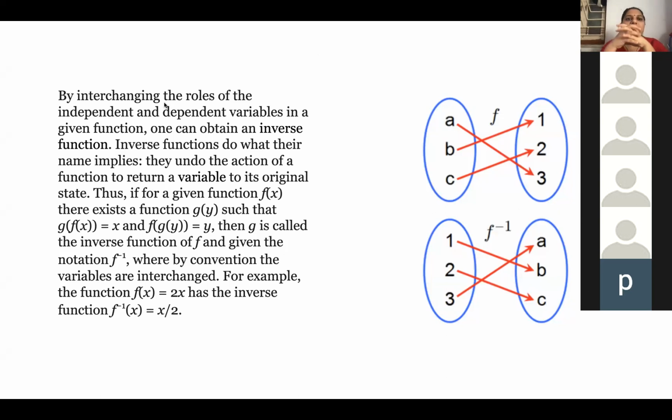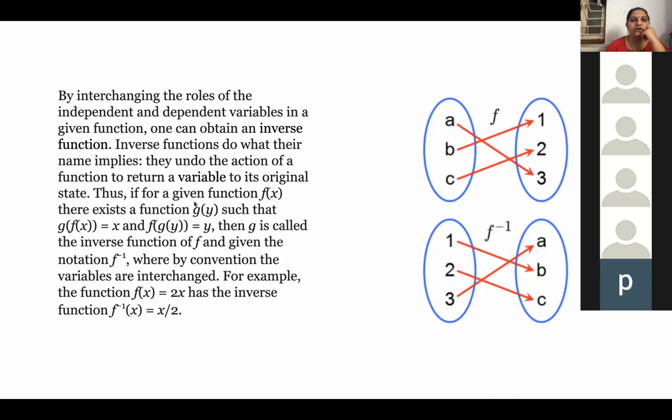By interchanging the roles of the independent and dependent variables in a given function, one can obtain an inverse function. Inverse functions do what their name implies. They undo the action of a function to return a variable to its original state.